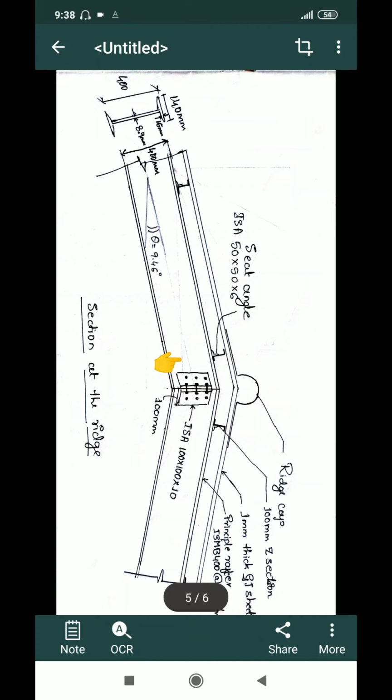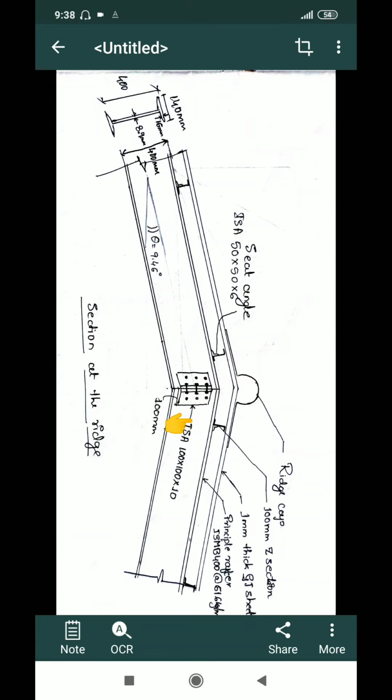Now let us see the junction at the ridge level. This is the ridge level where two sections of the principal rafters are interconnected by a very rigid connection. I am providing ISA 100 by 100 by 10 on the left side, also ISA 100 by 100 by 10 on the right side.